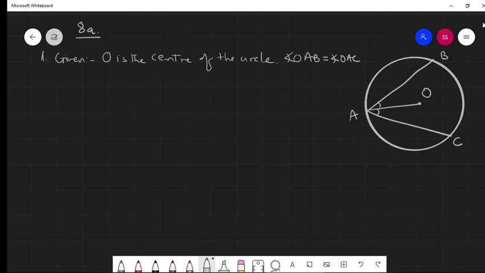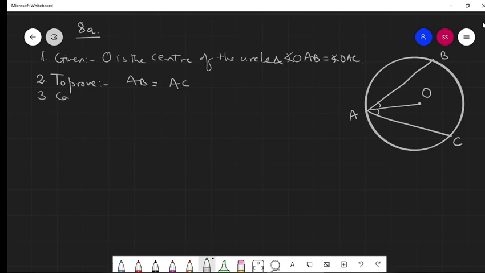Now to prove: we need to prove the chord AB equal to chord AC.